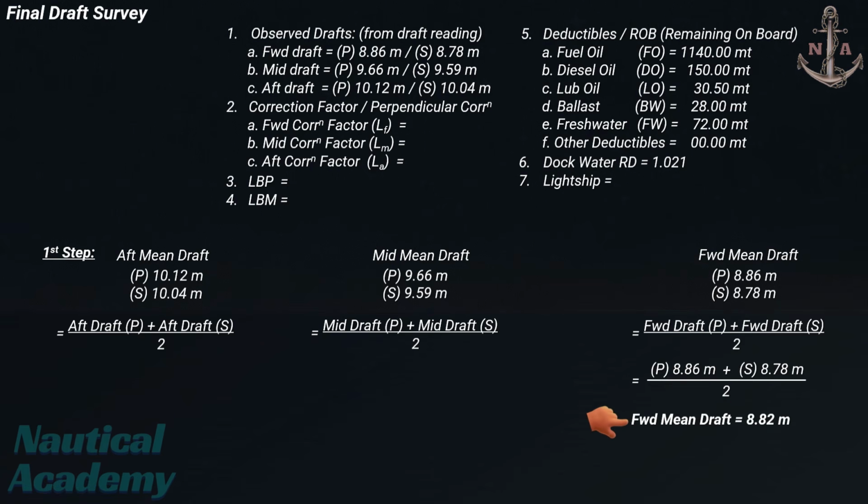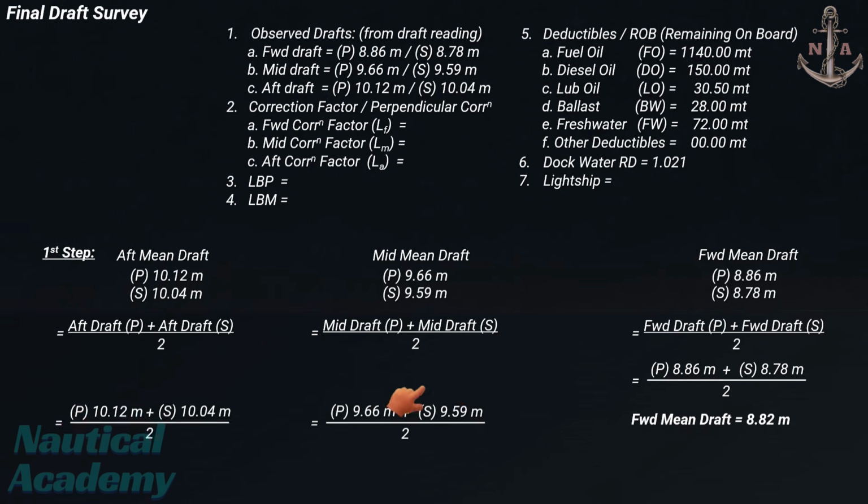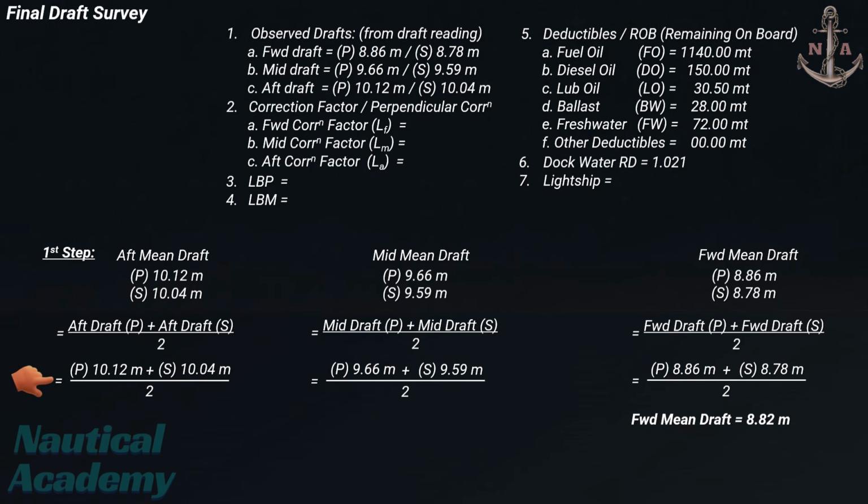In this case, the forward mean draft is 8.82 meters. Apply the same procedure for the midships and aft drafts. The midships mean draft is 9.625 meters, and the aft mean draft is 10.08 meters.